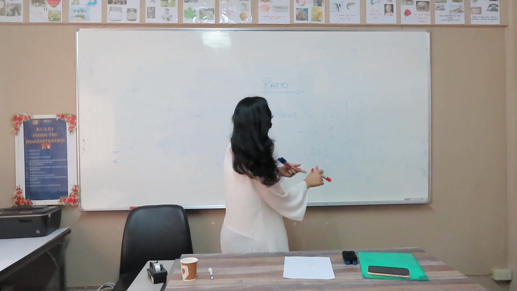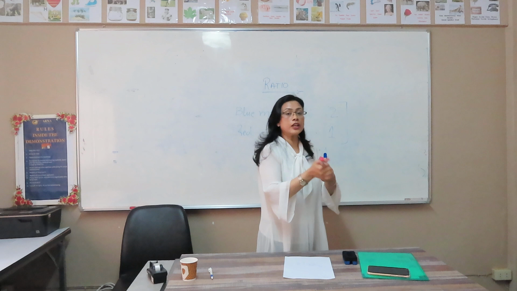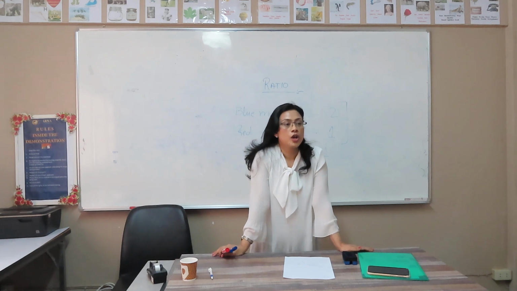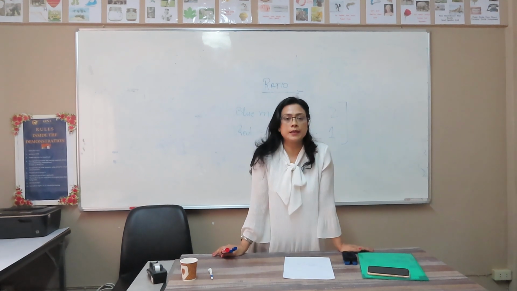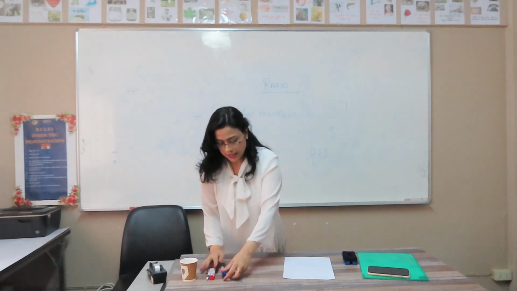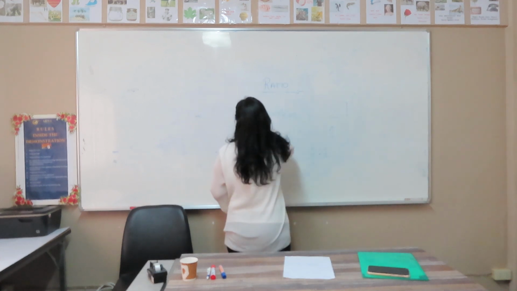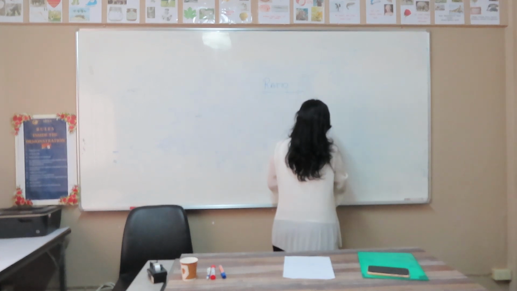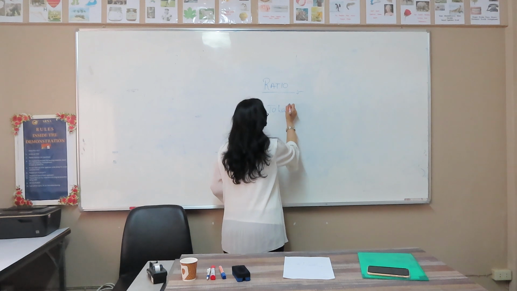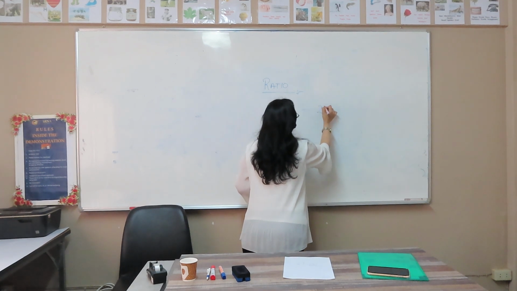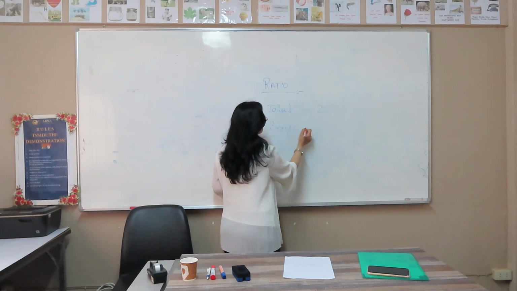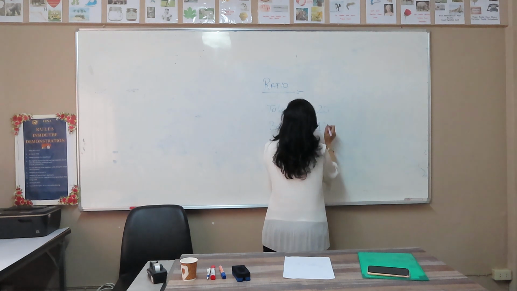For example, we can also compare tables and chairs in the class, or we can compare boys versus girls in the class. For example, there are 20 children in the class. The total number of students is 20, and the number of boys is 10.